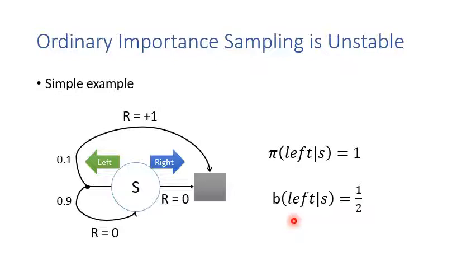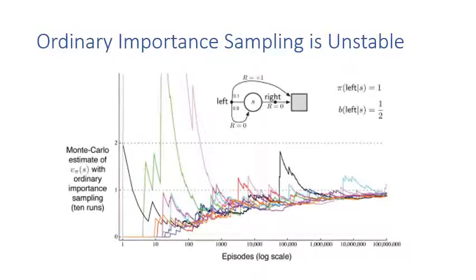Our goal is to update our policy and try to approach the true optimal policy. Here is the result of using the Monte Carlo first visit algorithm. We have 10 rounds shown in different colors, each running independently.